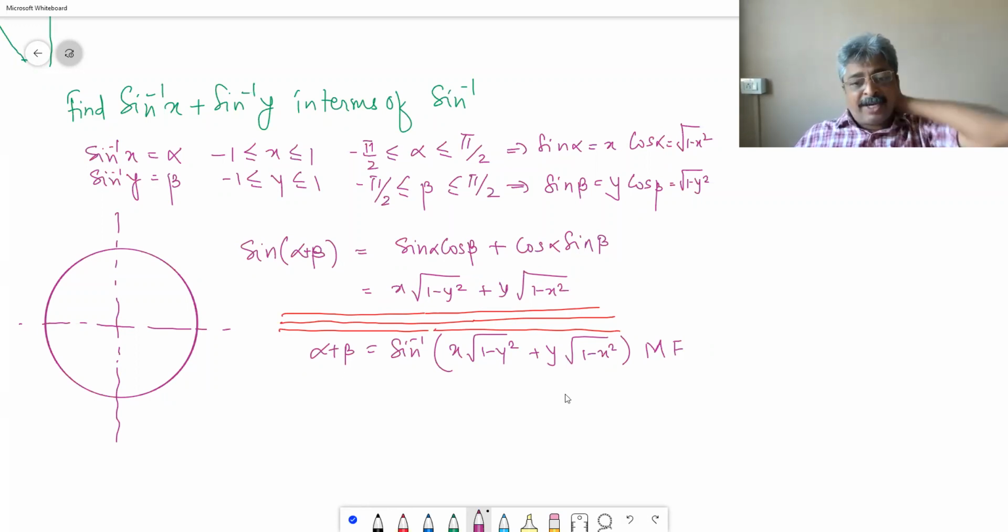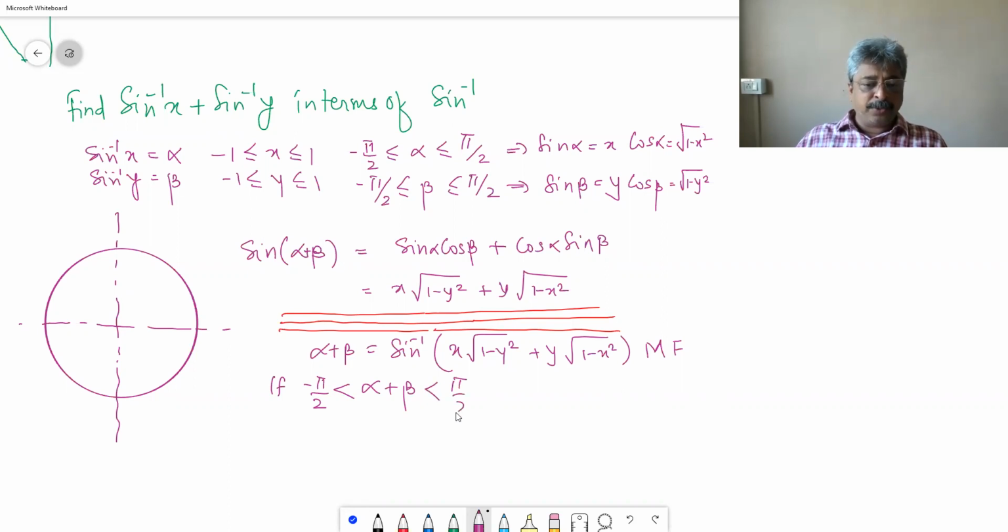So let us divide the situations into three cases. Case 1, if you are in the safe zone, the easy case, the safe case: minus pi by 2 is strictly less than alpha plus beta, strictly less than pi by 2.